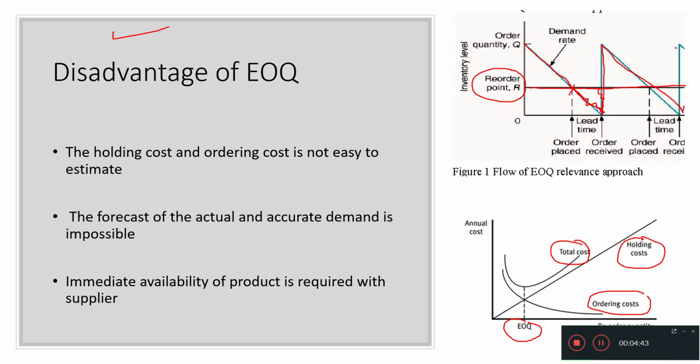And also, the immediate availability of product is required from the supplier. If there are any changes of trend with certain goods and the supply is limited, the EOQ system may be an issue. However, if the company has many suppliers or a good relationship with the supplier, this disadvantage will be neglected.